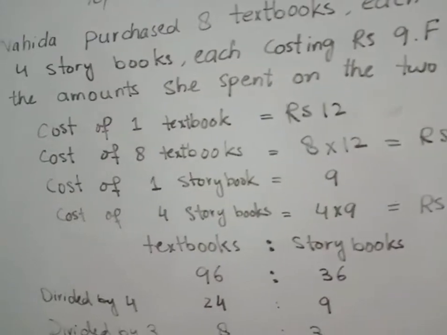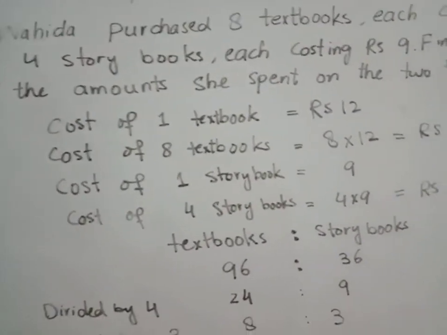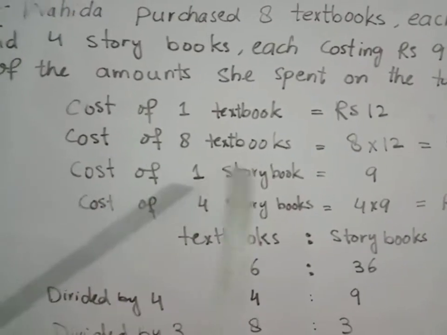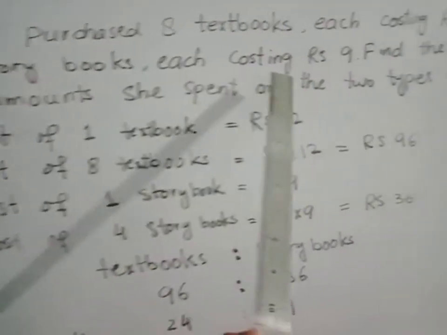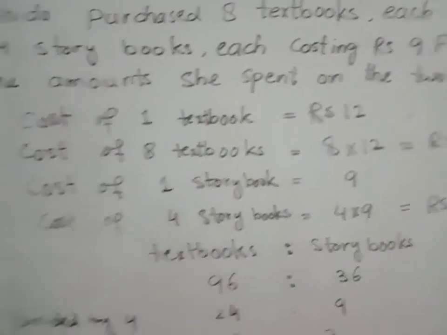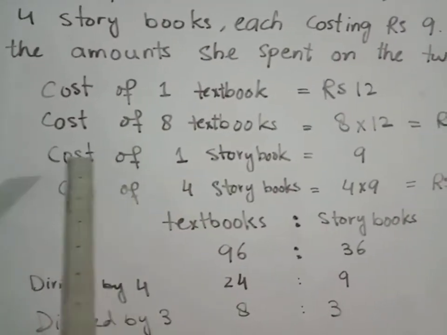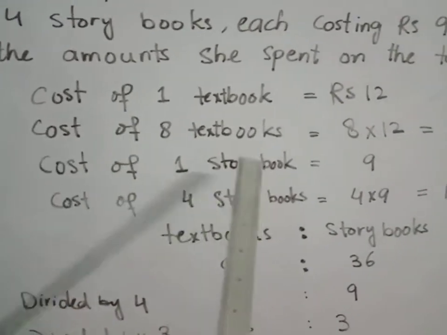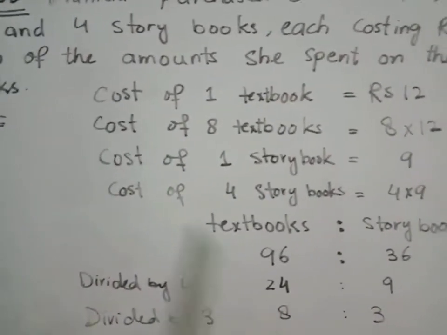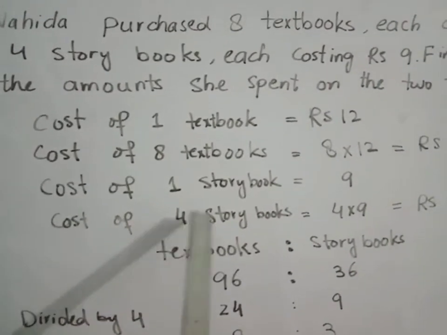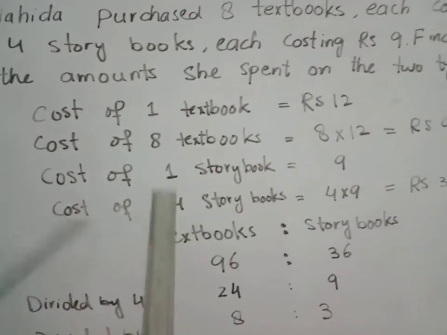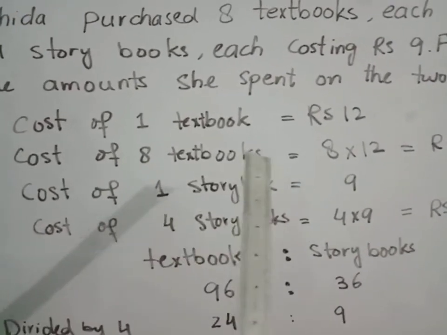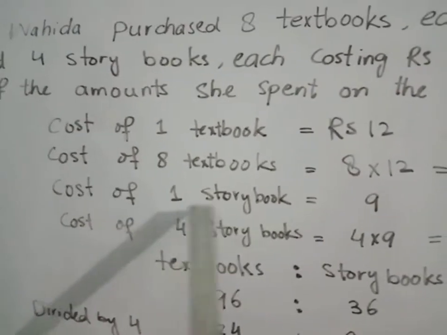Now you will easily calculate the price of 4 story books, the same way. Firstly write the cost of one story book, which is 9 rupees. Then you will calculate the cost of 4 story books. Simply multiply 4 by the price of one story book, which is 9.